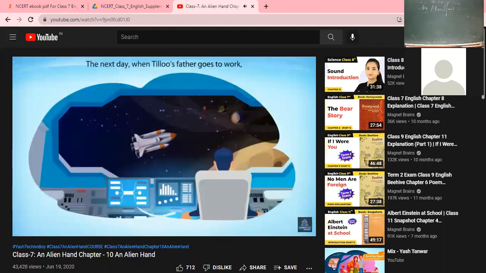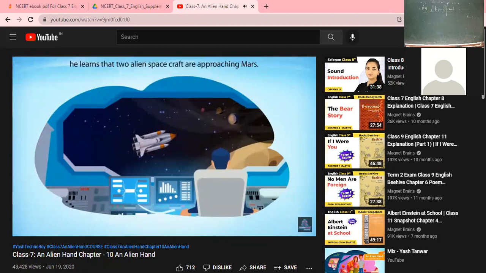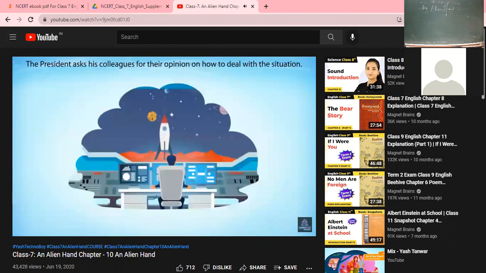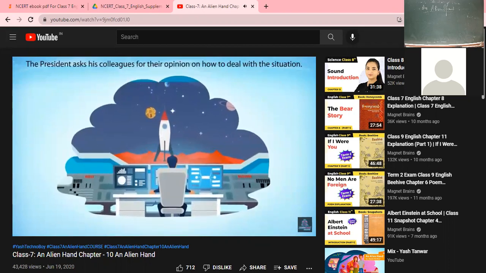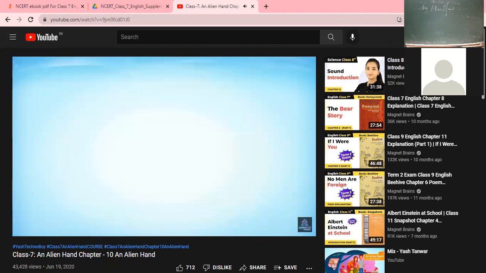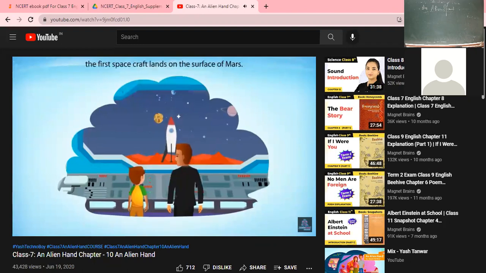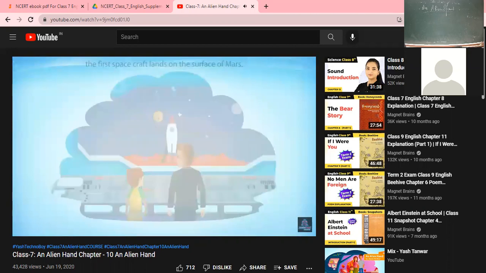The next day, when Tillu's father goes to work, he learns that 2 alien spacecraft are approaching Mars. The president asks his colleagues for their opinion on how to deal with the situation. However, before he can decide on the best route, the first spacecraft lands on the surface of Mars.